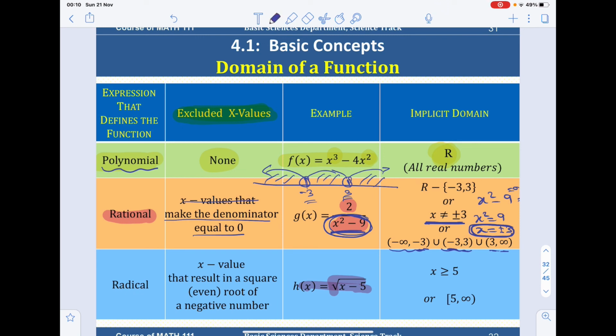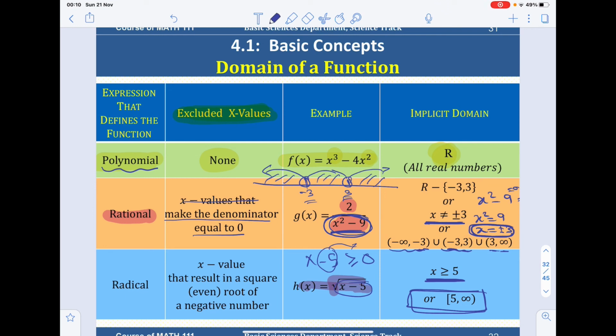So I will take whatever is under the root, so x minus 5, and I want these values to be greater than or equal to 0. I'm going to move this to the other side, so x would be greater than or equal to 5, and only these values, which are from 5 to infinity, including 5, make the function defined.